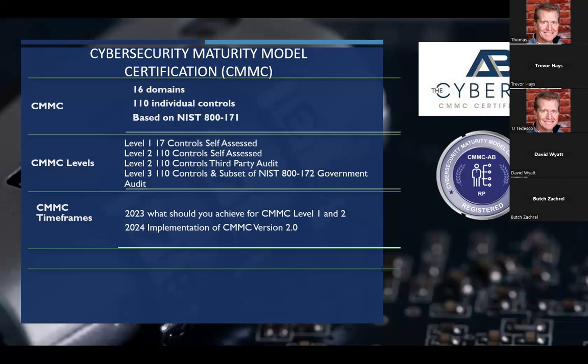Now, this is where any type of government statute, before it's released, must go through this final phase, this final process, before they roll it out to the government contracting community. And that's where it's at today.